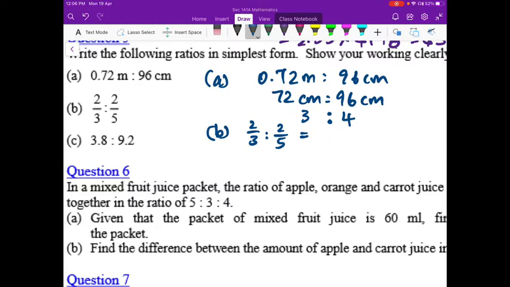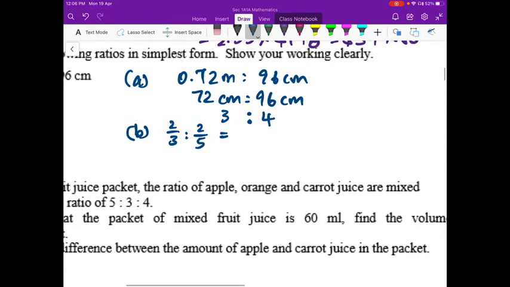Sean doesn't know? Okay, so Sean, look. Part B, 2 over 3 to 2 over 5. Same thing. We have a fraction. The first number, earlier on it was 72, goes to the numerator. This time it is another fraction, so my cursor is in the numerator. You press fraction again.